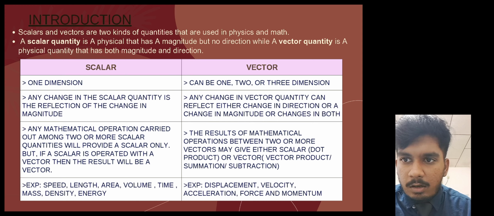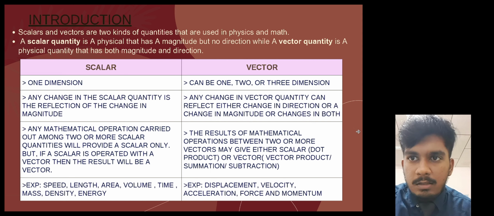The results of mathematical operations between two or more vectors may give either a scalar or a vector, such as product or subtraction. For example, for scalar: speed, length, area, volume, time, mass, density, and energy. For vector, the examples are displacement, velocity, acceleration, force, and momentum.